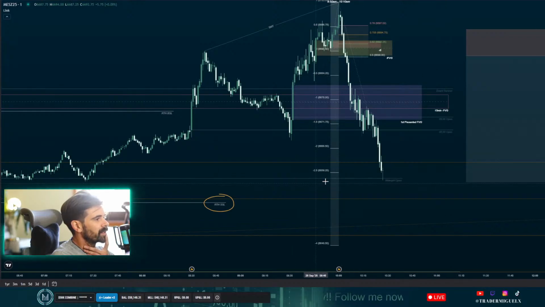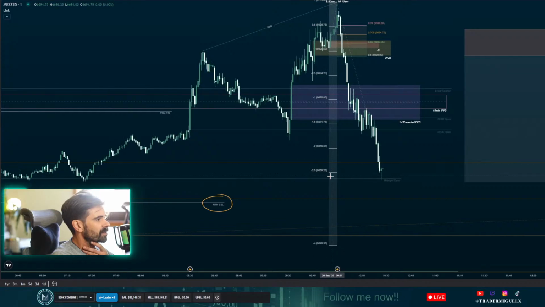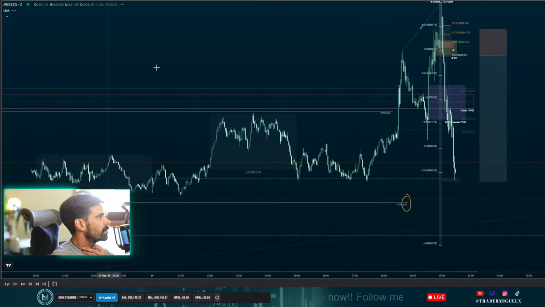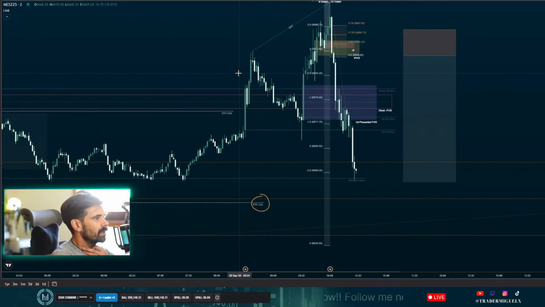We already hit minus 2.5 standard deviation, so price will eventually take a retrace here. But well, on the 2 minute, it's really a straight move to the downside.